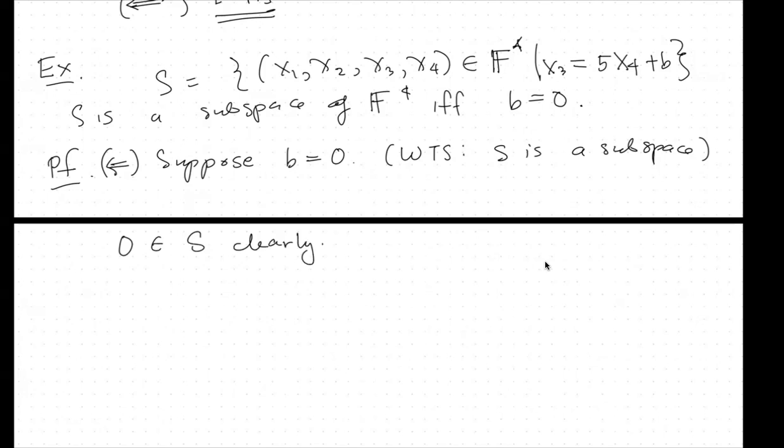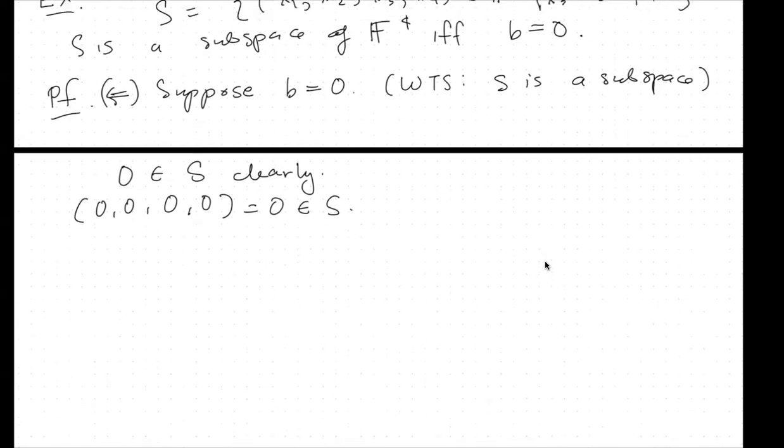So we have checked that one. We have 0, 0, 0, 0. This is our zero, which is in S, since b is 0, x3 must be 5 times x4. When x4 is 0, we just have this. This is easy.